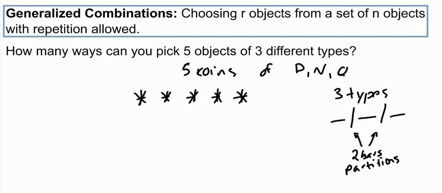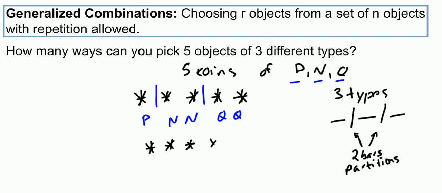So for example, if I decided to put partitions here and I kept the order pennies, nickels, quarters, this would correspond to 1 penny, 2 nickels, and 2 quarters. Okay? Now if I took the same 5 coins and put my partitions like this, that would mean 2 pennies, no nickels, and 3 quarters.